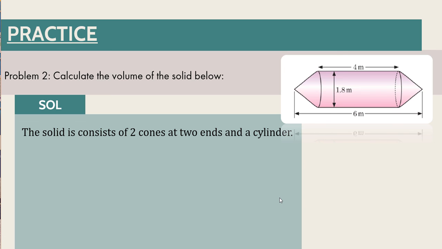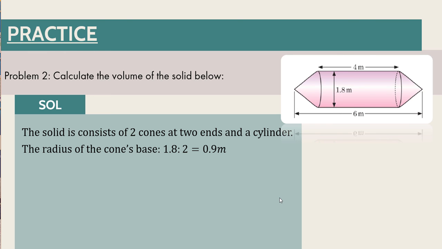So we need to break this solid into basic solids, which are cones and a cylinder. First, we need to calculate the radius of the cone's base. You can see that the width of the cylinder is also the diameter of the base of the cone, and it is 1.8 meters.